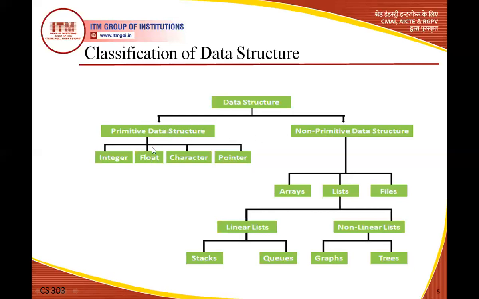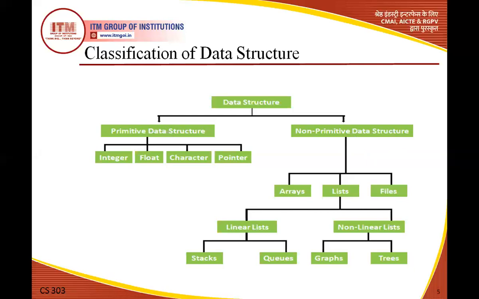By these primary data structures we can form non-primitive data structures. Non-primitive data structures require these primary data structures, because by them we can form structures like array. What does array mean? It's a collection of the same type of data, like a collection of integers, a collection of floats, a collection of characters.